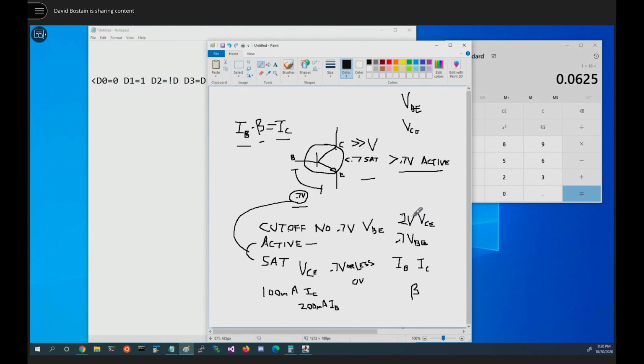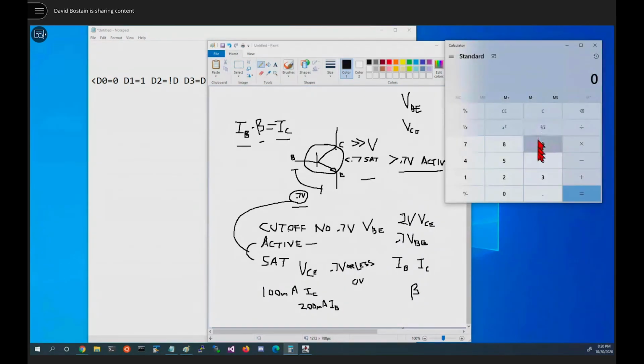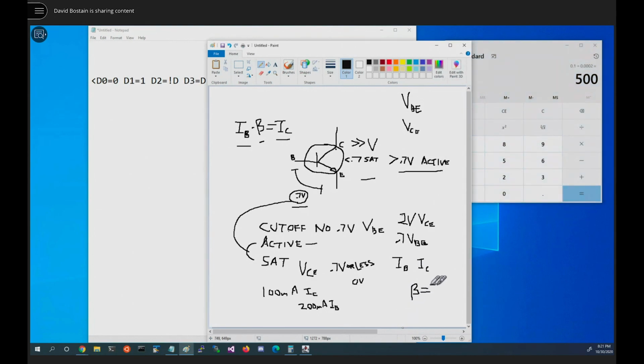I'm sorry, I know I'm in the active region, not saturation. I know I'm not cut off, which means I literally am in the active region because I have 0.7 here. I can now do the math because that's the only time I can calculate beta. I would take 100 milliamps to 0.1000, and the extra zero doesn't matter. I would divide it by IB, which is 200 micro, which is 0.0002, and I'd find out my beta was equal to 500.